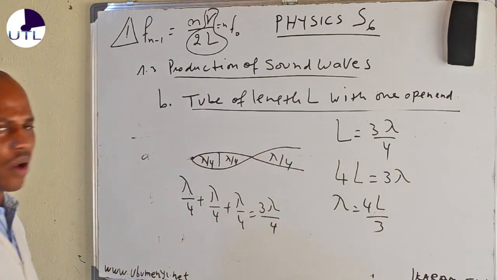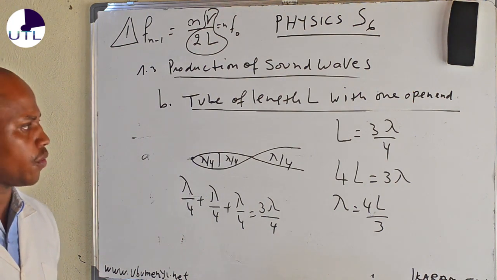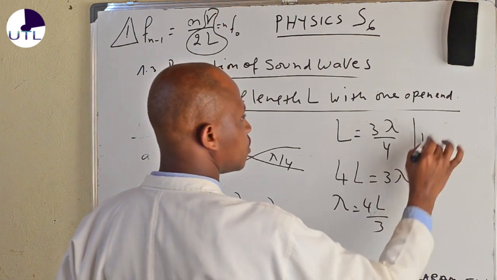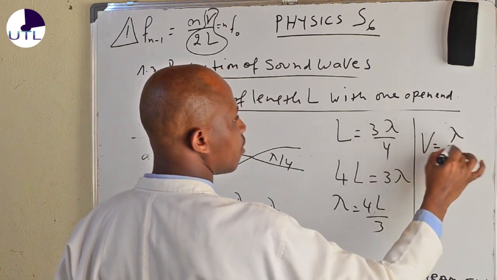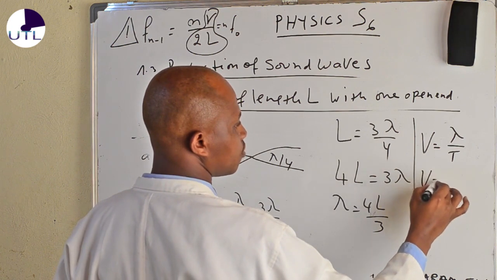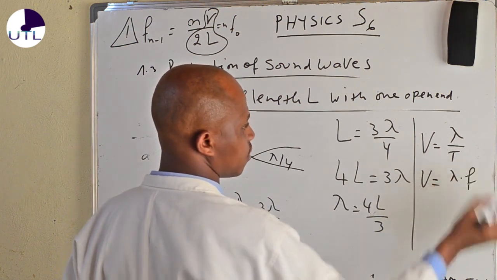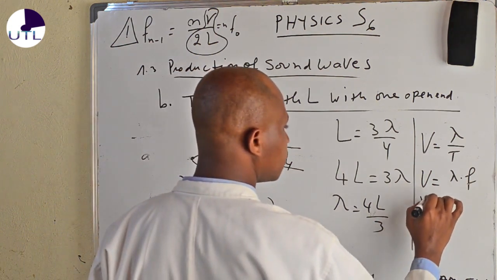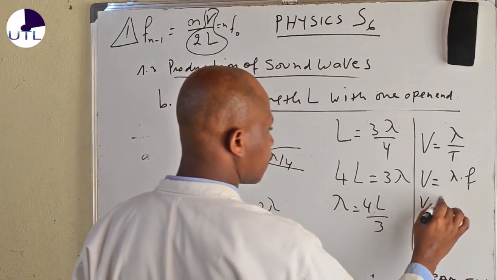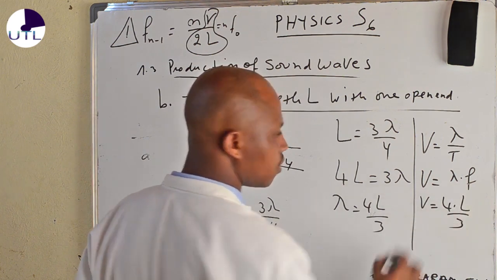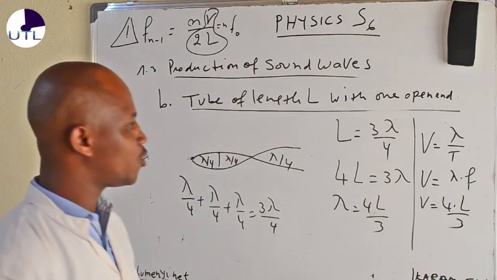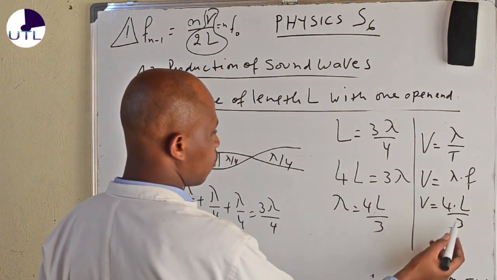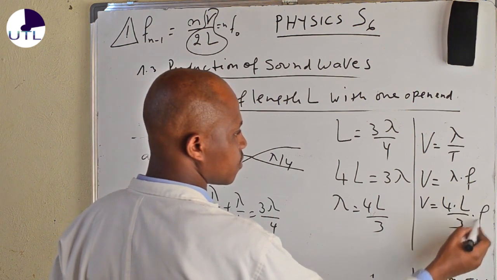How can I find the speed and the frequency? Very simple. As you have seen, the speed is equal to wavelength divided by period, or wavelength times the frequency. For this case, the speed is equal to the wavelength, that is 4 times the length divided by 3, times the frequency.